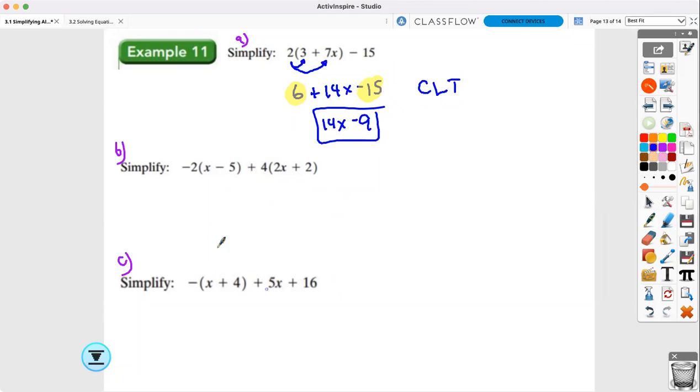Let's go to example B, class. How many times do y'all think, or do y'all see we're gonna be distributing in example B? Twice. Twice, right? The -2 here, and then the 4 here. So let's do it. -2 times x is just -2x. -2 times -5, two negatives make a positive. 2 times 5 is 10. 4 times 2x is 8x. 4 times 2 is 8.